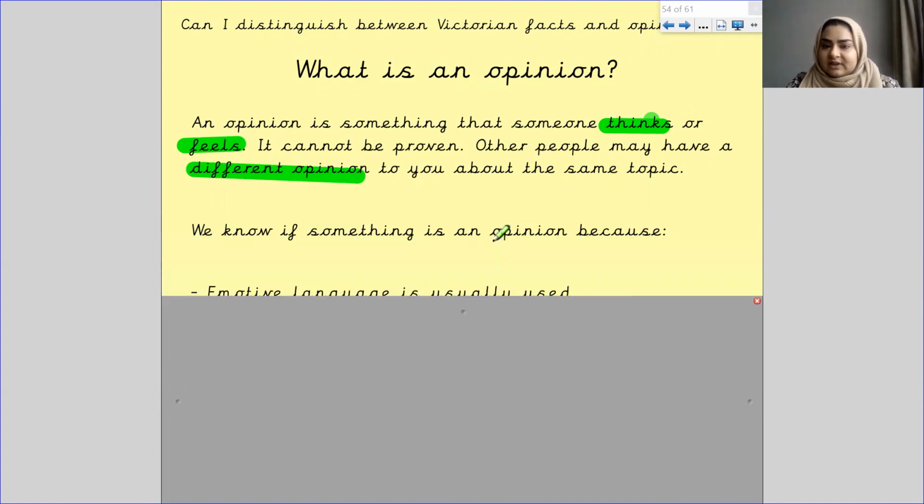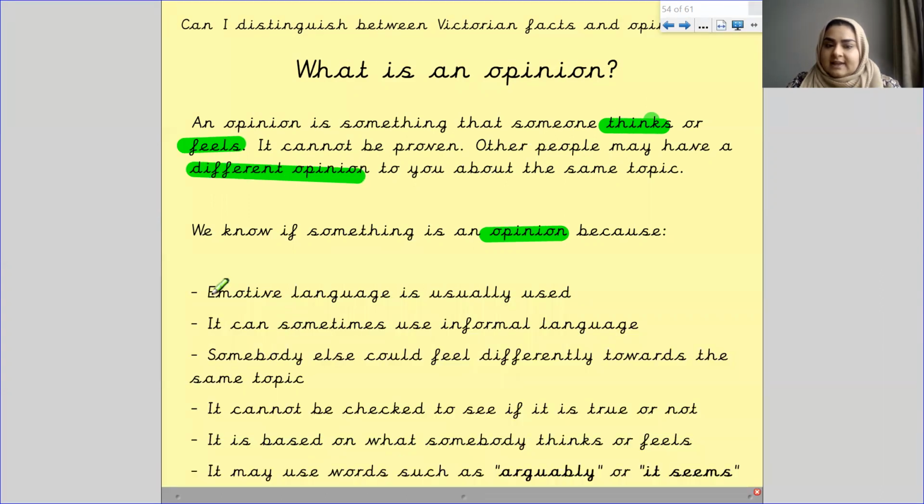We know if something is an opinion because it has a lot of emotive language. In an opinion you have emotional language because people give an opinion based on what they're feeling. It can sometimes use informal language.